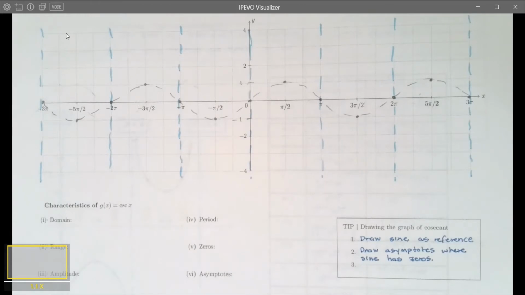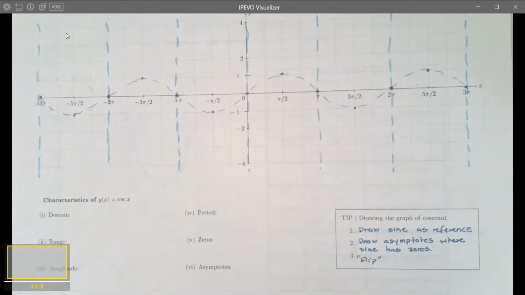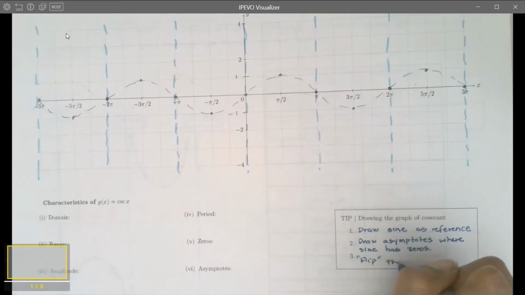Okay, and then finally the last step. You want to flip, and here I'll use quotes, you want to flip the shape of the graph of sine.